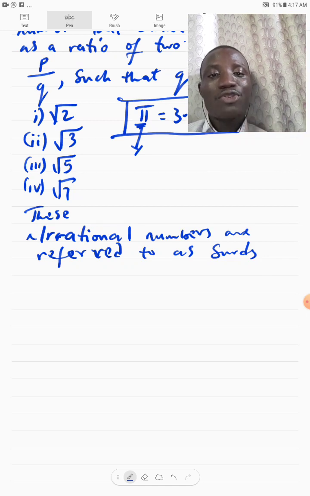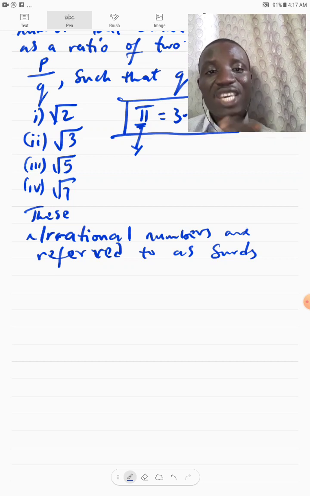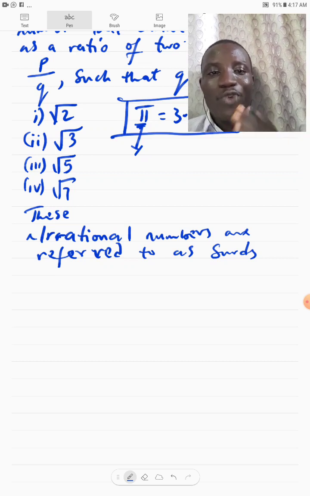So surd has to do with dealing with expressions and equations where we have irrational numbers.